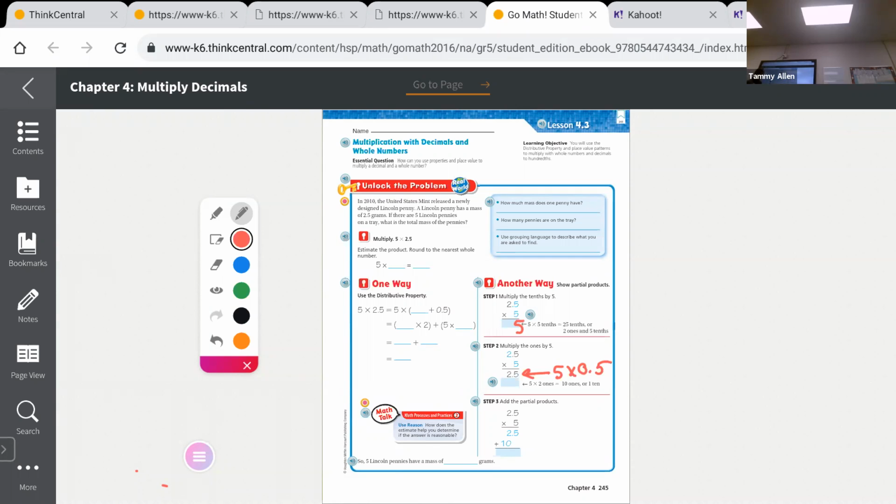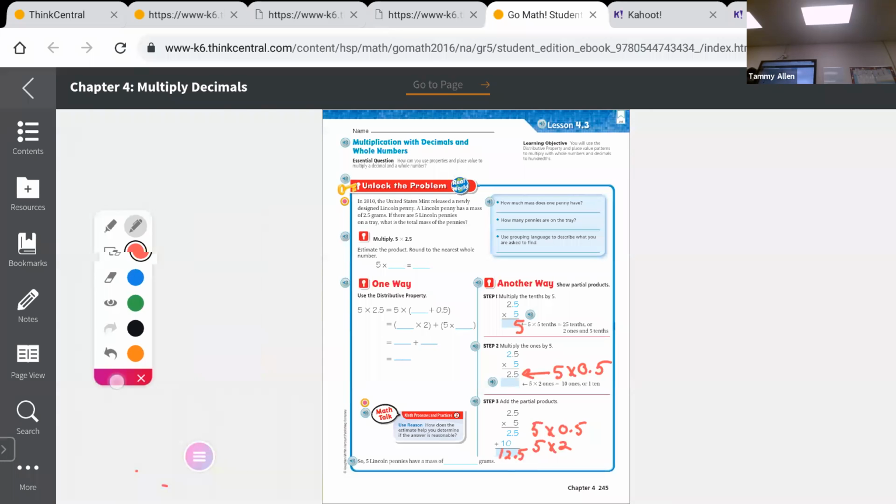Okay. Our next piece then would be to multiply that 5 by 2, and that gives us our 10. So this is 5 times the 5/10. This is 5 times 2, which is 10. And then we can add them together, giving us our 12 and 5/10.